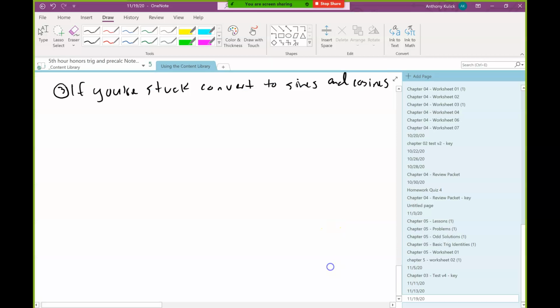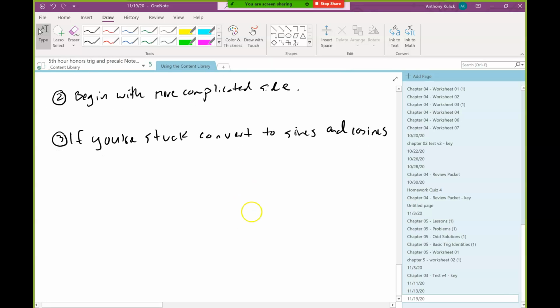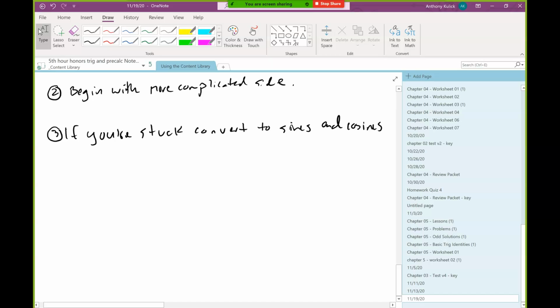So the next hint would be if you get stuck, you can try to rewrite everything in terms of sines and cosines. That's often quite helpful. So if you have two fractions and you want to combine them together, you can do that by making a common denominator.